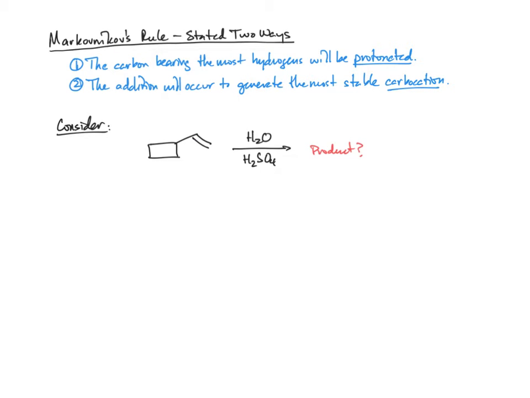Knowing Markovnikov's rule, I'm going to write A and B next to those two carbons of the alkene. Under these conditions, we're treating with water and catalytic sulfuric acid, so that generates hydronium ion as the electrophile.